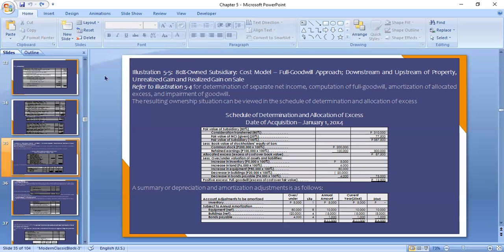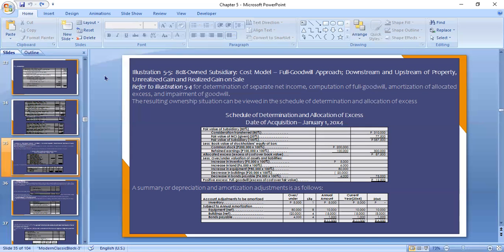And we have the summary of depreciation and amortization adjustments. We have this account, adjustments to be amortized. So inventory 5,000. That's good only for the current year, 20x4. And we have now, after inventory, we have subject to annual amortization equipment at net, and we have buildings at net and bonds payable.